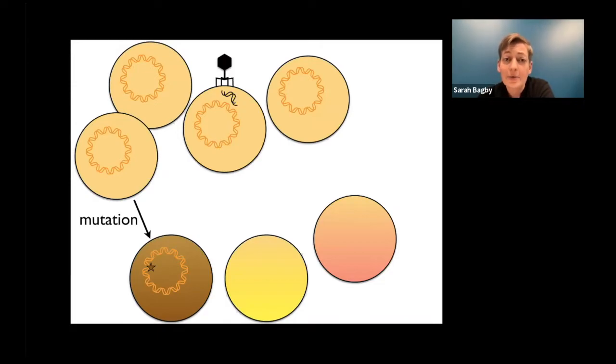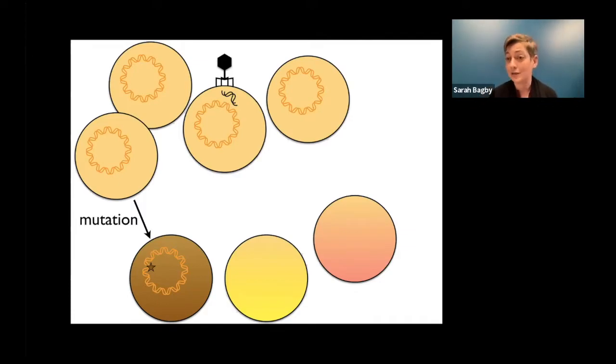Another thing that can happen is that viruses can infect bacteria or archaea, and when they do, they can fundamentally change their hosts. So one thing that can happen is called lytic infection. And this is probably how you would picture infection if you don't think about it very hard, which is that the virus comes along and injects its DNA into the host, and then that DNA directs the production of new phage particles.